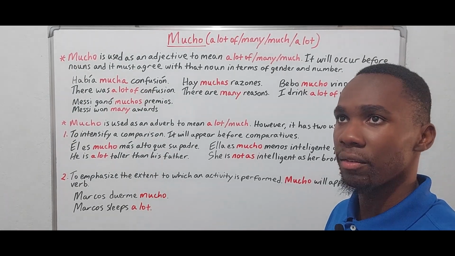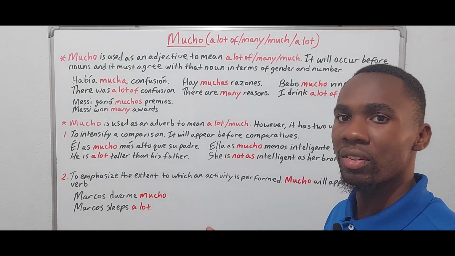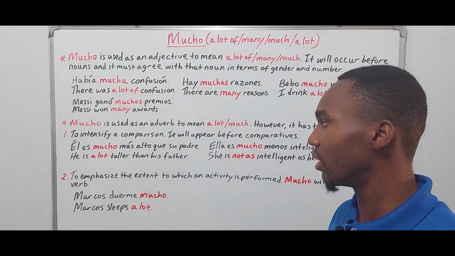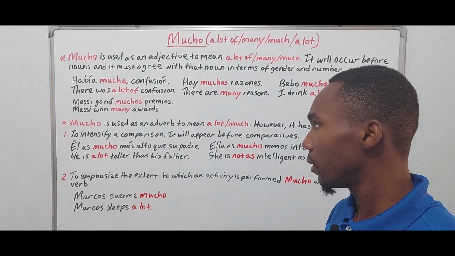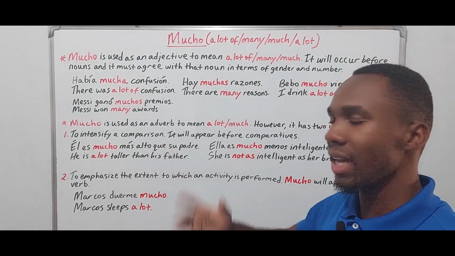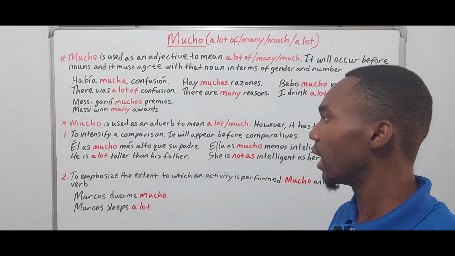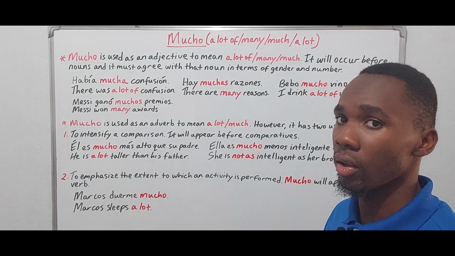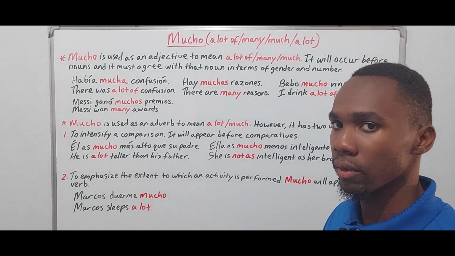Comparatives would be mostly adjectives, but adjectives or adverbs, yes. So más plus adjective or adverb. So he is a lot taller than his father, or he is much taller than his father. Él es mucho más alto que su padre, okay?